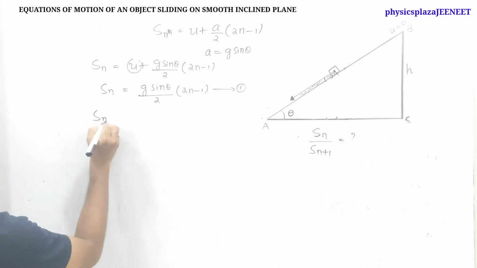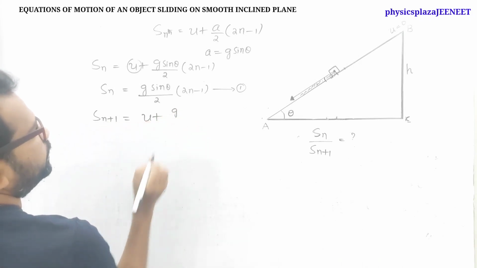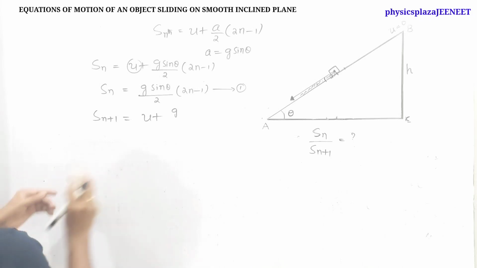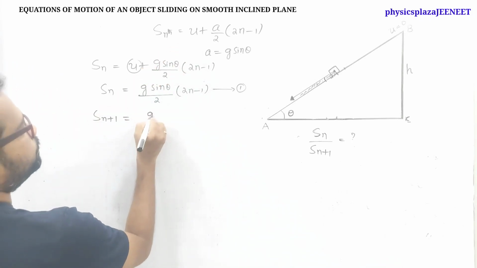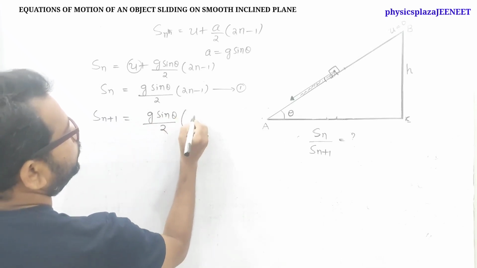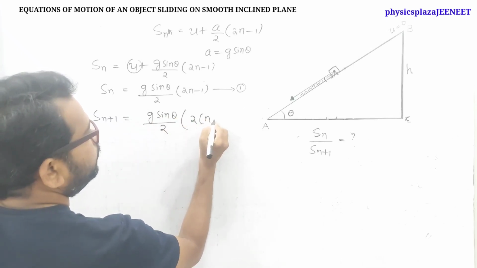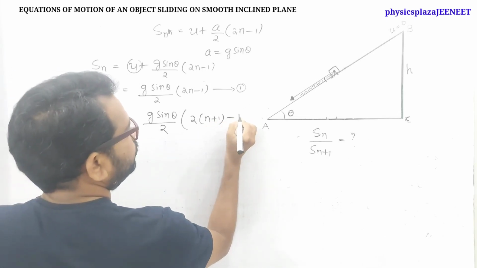Now children, Sn plus 1 is equal to u plus g sine theta by 2 into n plus 1 minus 1.